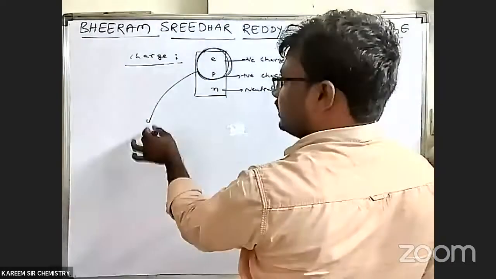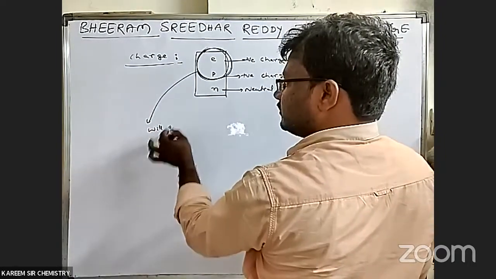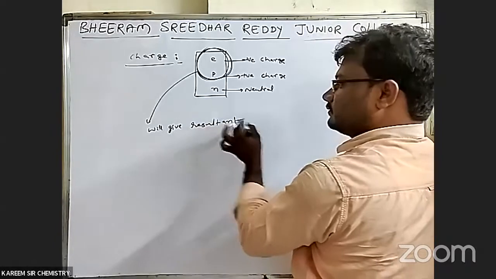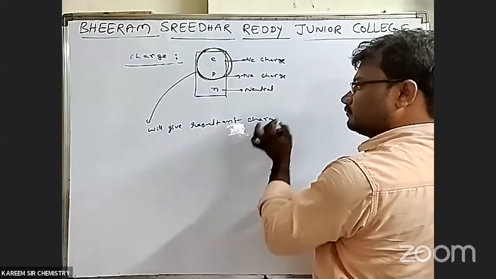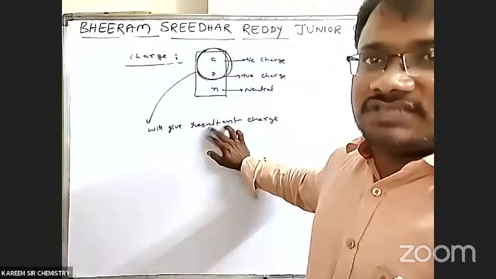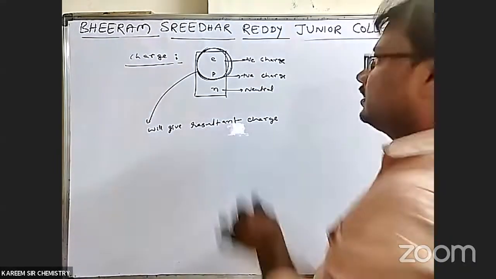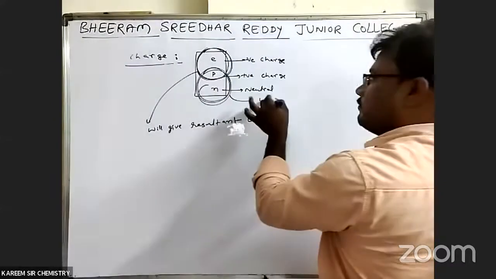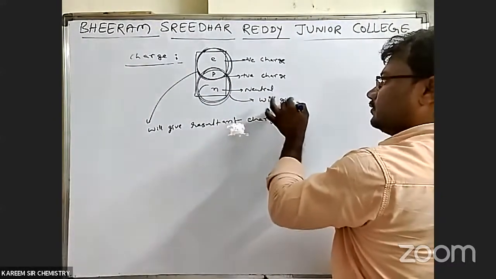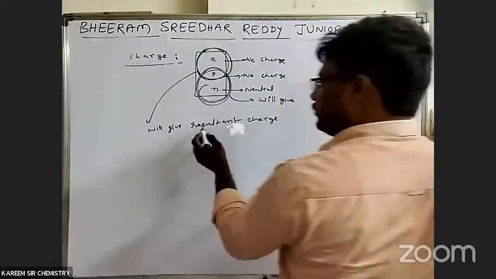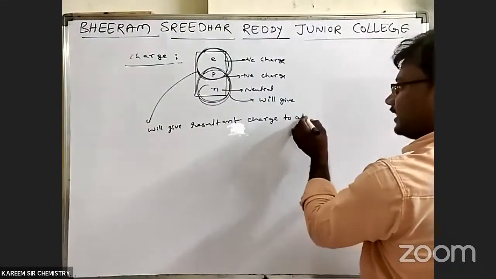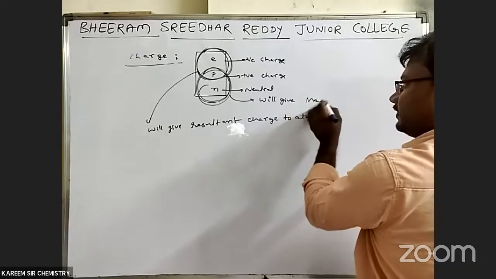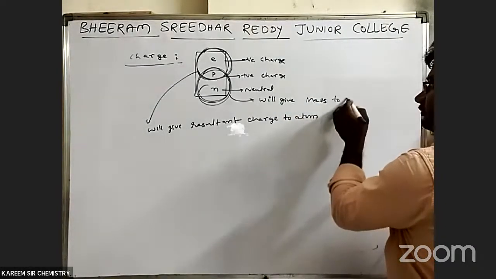These two will give the resultant charge, and the proton and neutron will give the mass to the atom.